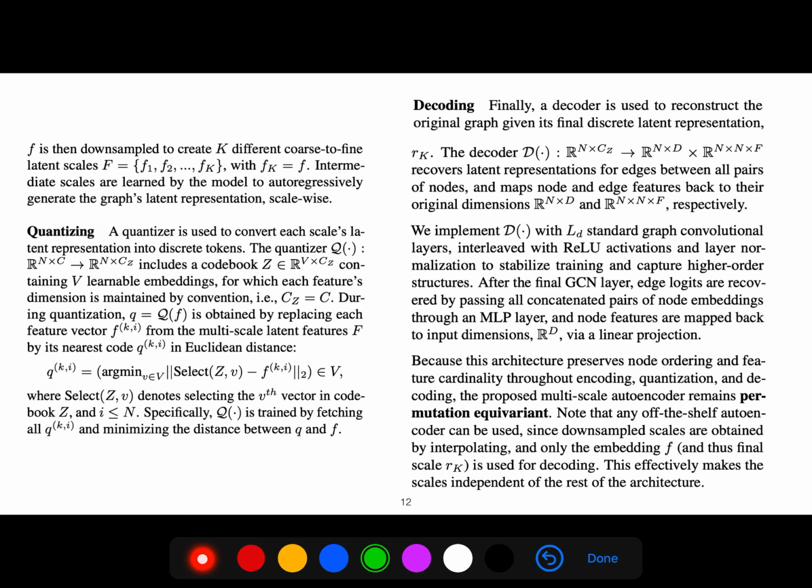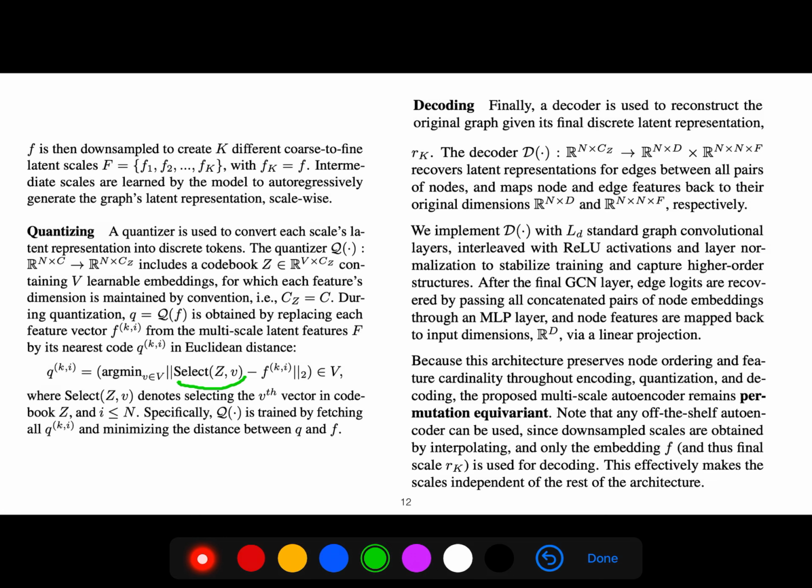So during quantization, Q is obtained by replacing each feature vector from the multi-scale latent features F by its nearest code Q. So this one selects the vector in codebook Z, the one that minimizes this distance. So it is trained by fetching all Q and minimizing the distance between Q and F.